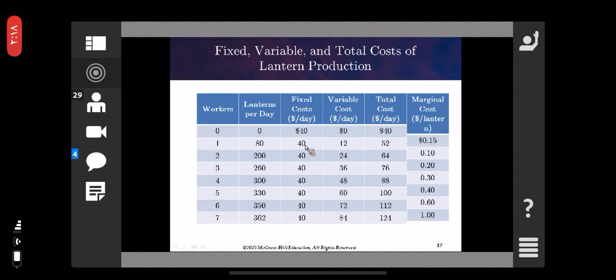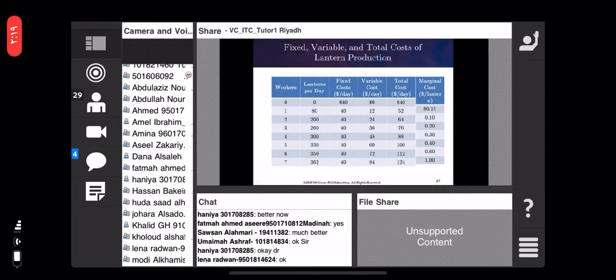If I have a fixed cost of 40, like a rent, the variable cost might be the salary or an individual labor cost. If I have one worker, it will cost me 12. This is the change in the variable cost.